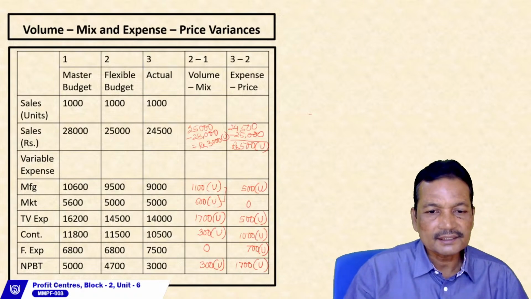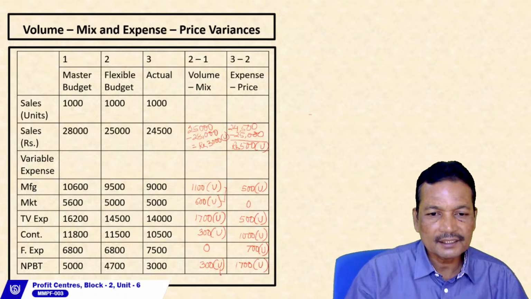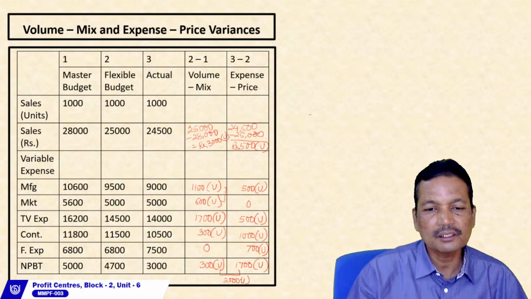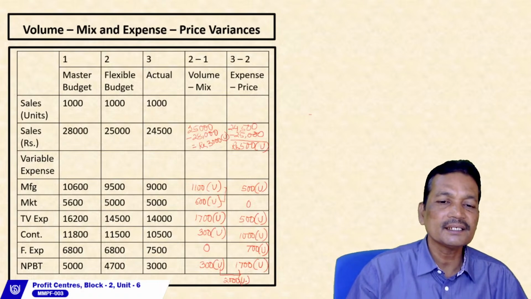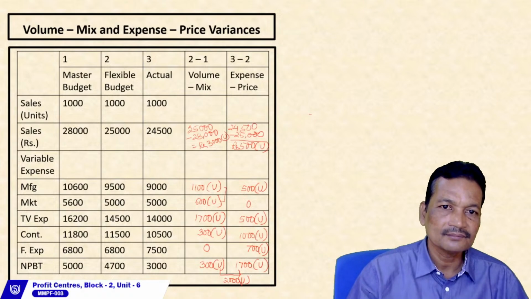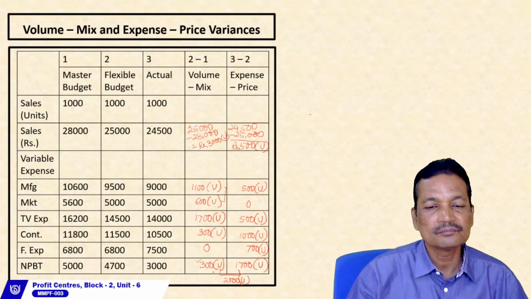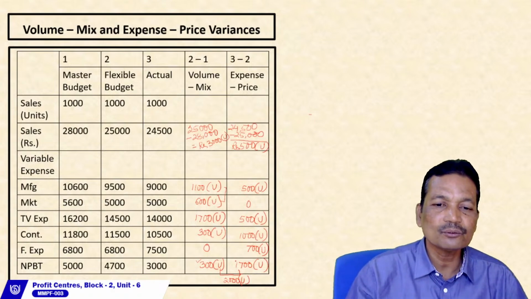If we look at this and we combine these two, I presume the profit is down by 2,000 unfavorable that we had seen in the initial slide, which is due to 300 rupees due to change in volume and 1,700 due to change in prices.